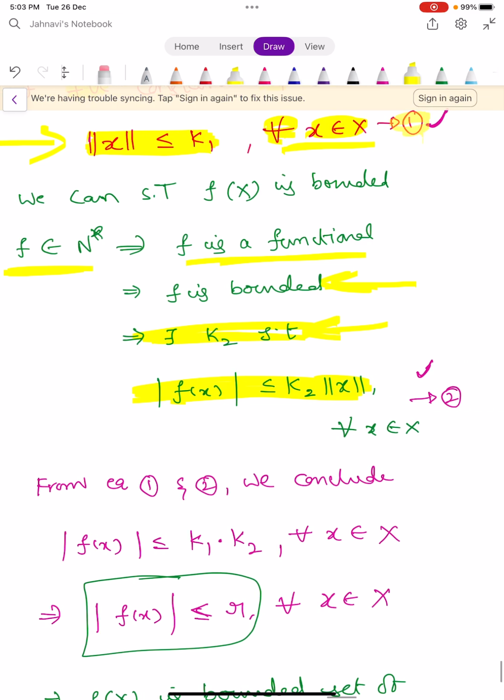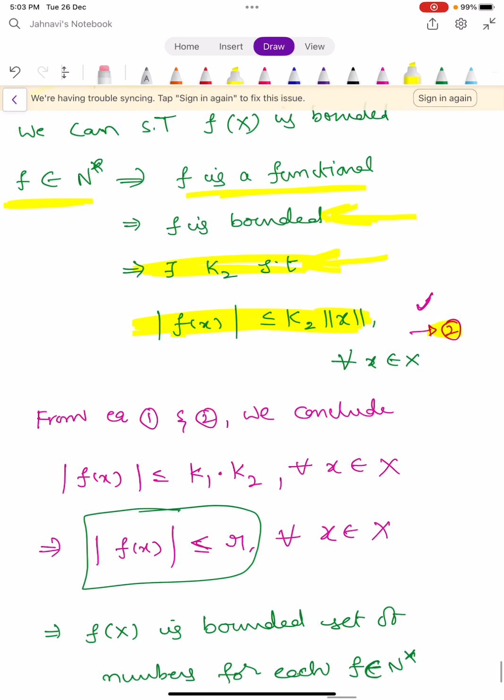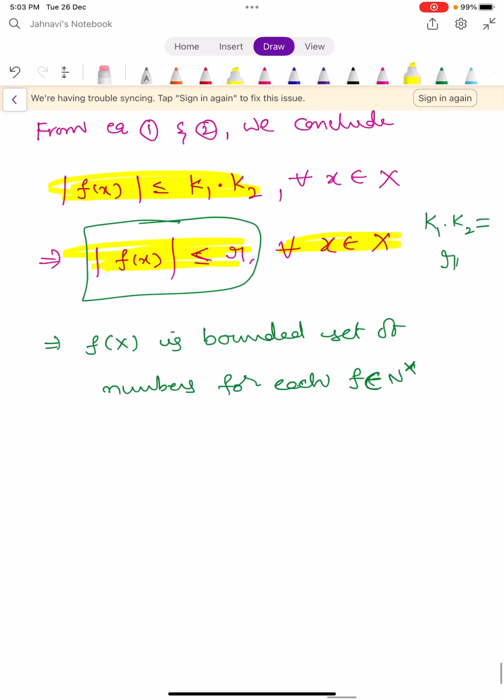Now combining equation 1 and equation 2, we can write mod f of x less than or equal to k1 into k2. Suppose the product k1 into k2 is equal to some constant r, then mod f of x is less than or equal to r for all x belongs to X. This shows f of X is a bounded set of numbers for each functional f belongs to N star.